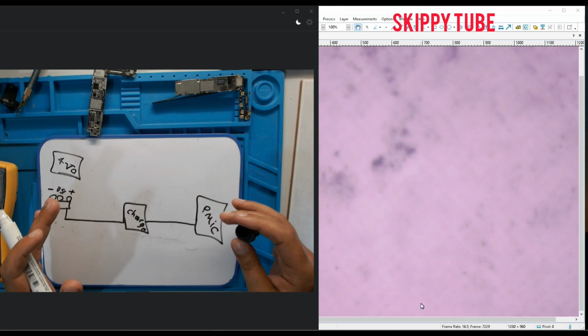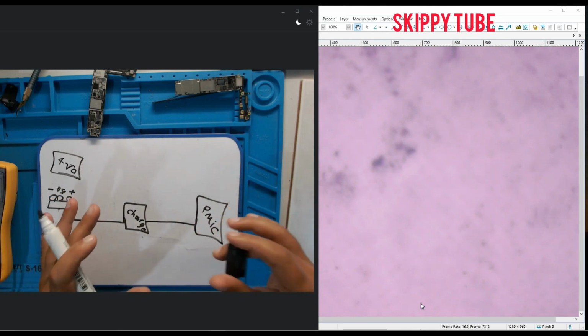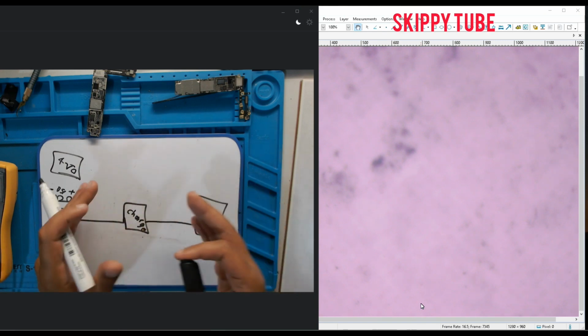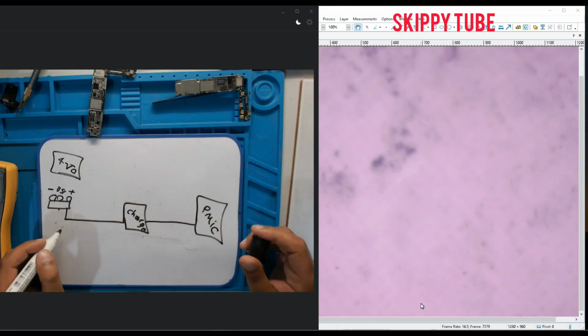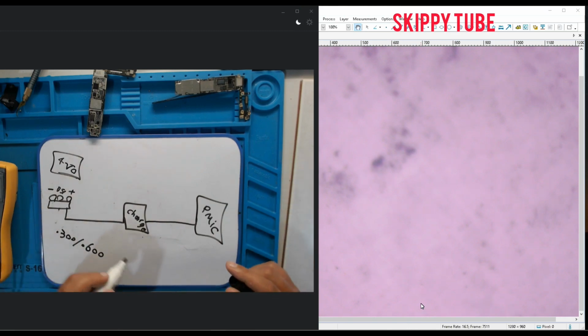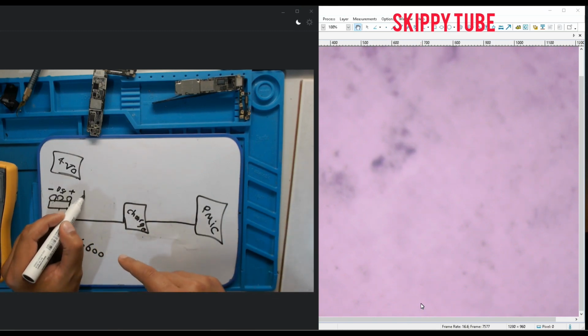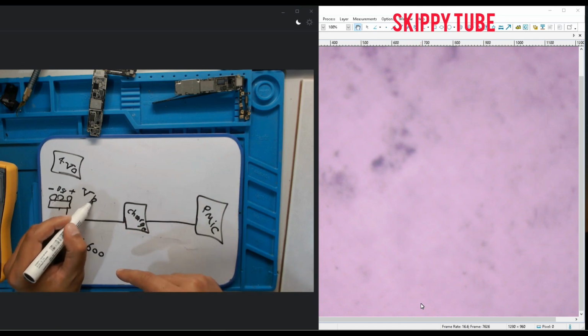The diode value on the phone, it doesn't matter if it's iPhone or Samsung phone, is between 0.300 and 0.600. On the schematic diagram you can find this one, VBAT.